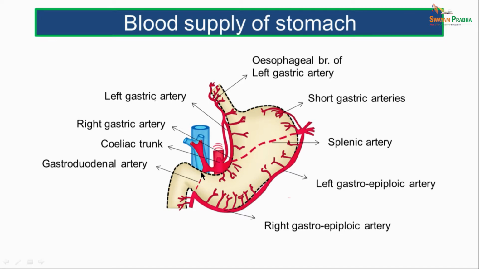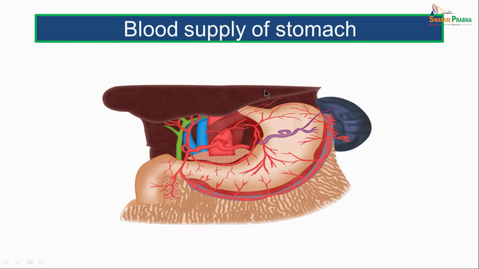Thus, we have seen that these 5 vessels, the left gastric, the right gastric, the splenic which gives out the short gastric arteries, the left gastroepiploic and the right gastroepiploic arteries, supply the blood to the stomach. The same is seen here in this picture.